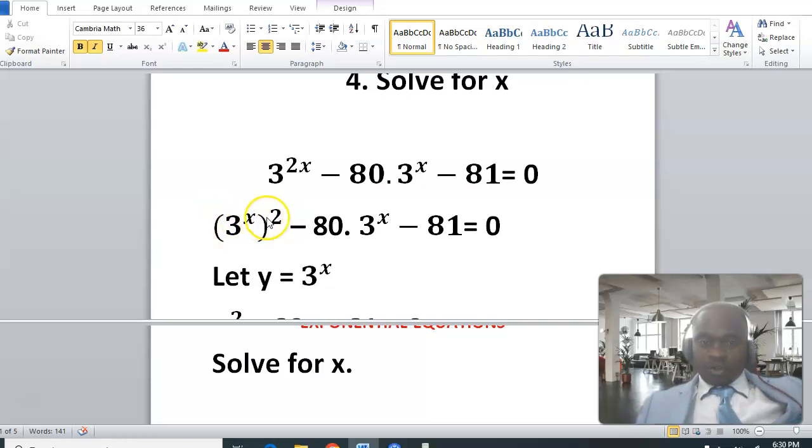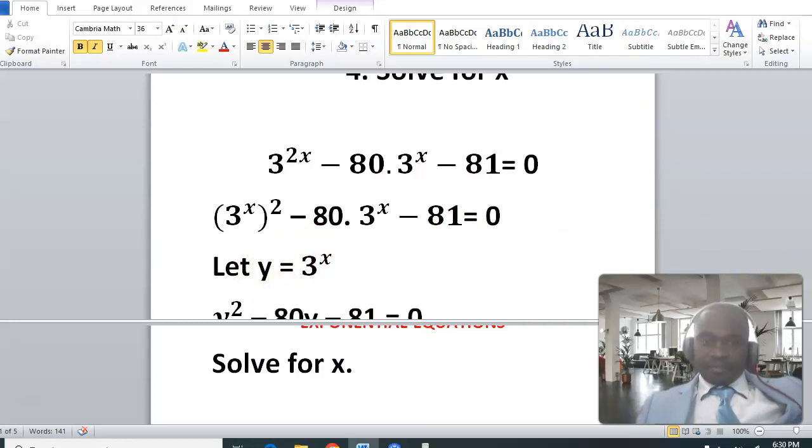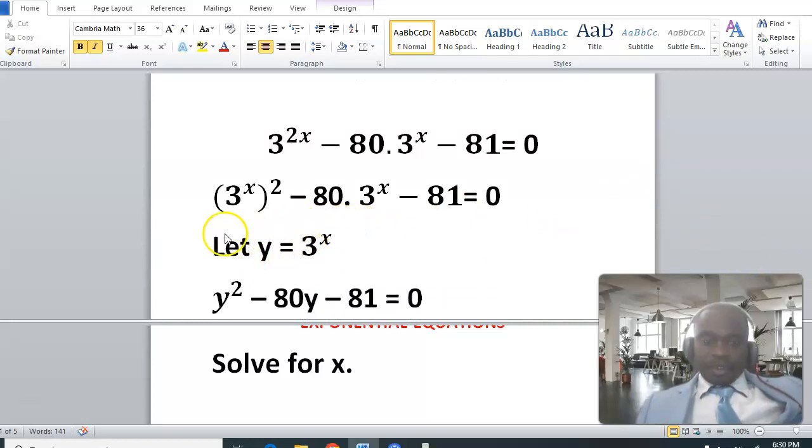So this 2 is also an exponent. So you let y be equals to 3 exponent x. Then in place of 3 exponent x, you substitute y. So this one is going to be y squared. So we have our y squared minus 80. 3 exponent x is y minus 81.